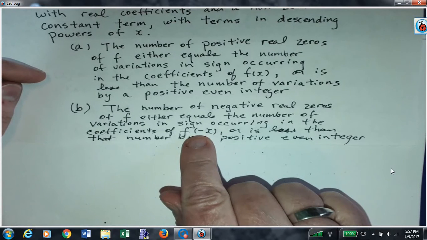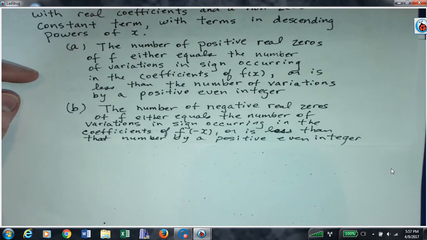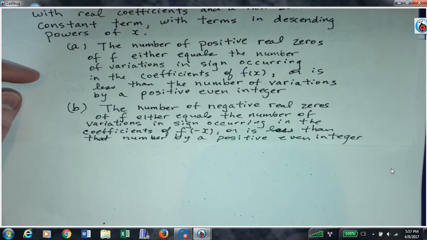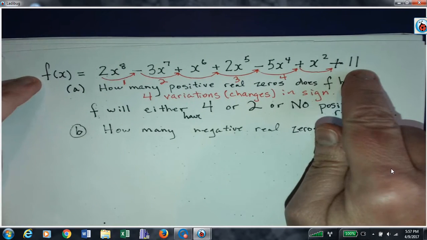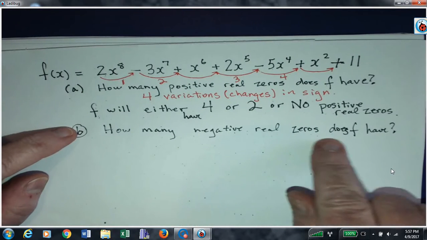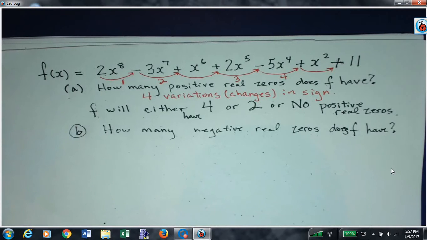We've got to write the formula for f of negative x. So we are not using this formula to answer part B. We have to have the formula for f of negative x. So I'm going to find a better pen, hopefully.